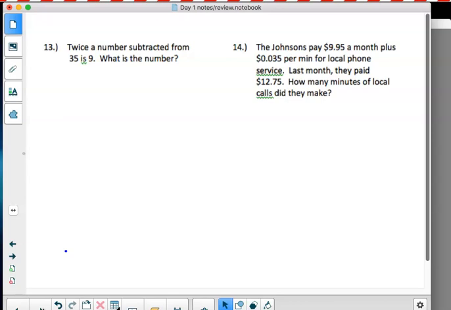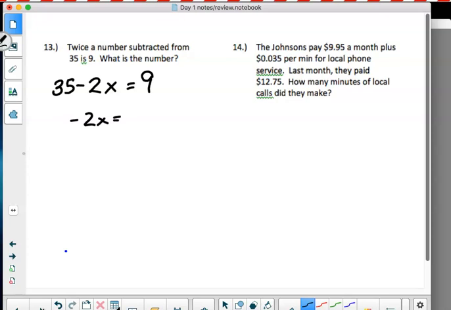So twice a number subtracted from 35 is 9. Twice a number, and that number is unknown. So I'm going to subtract 35 from both sides. I got negative 2x is equal to 9 minus 35.